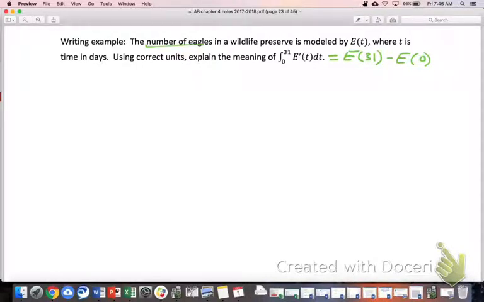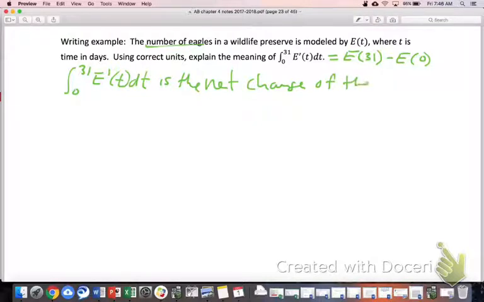So I would say, as far as explaining the meaning of that particular expression, it's like this: the integral from 0 to 31 of e prime of t dt is the net change, right? You can see that in the little equation I wrote up there. So your net change of the number of eagles.